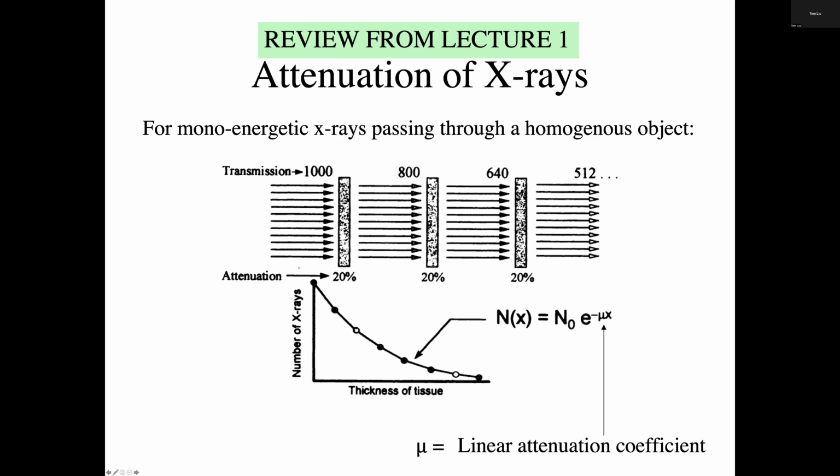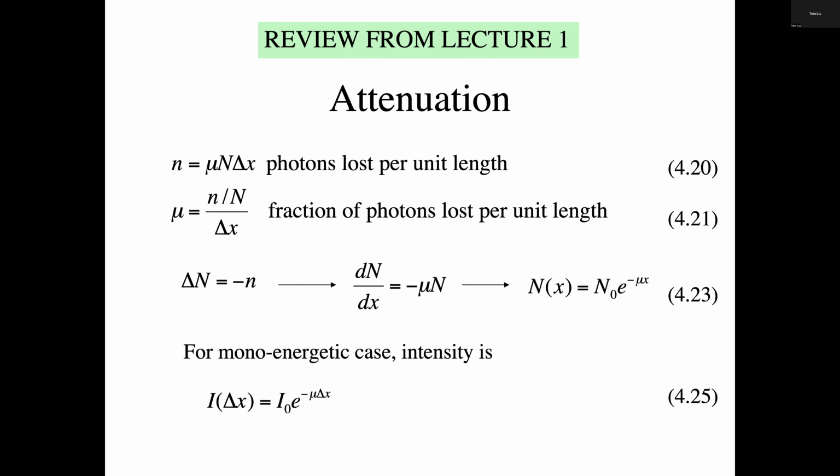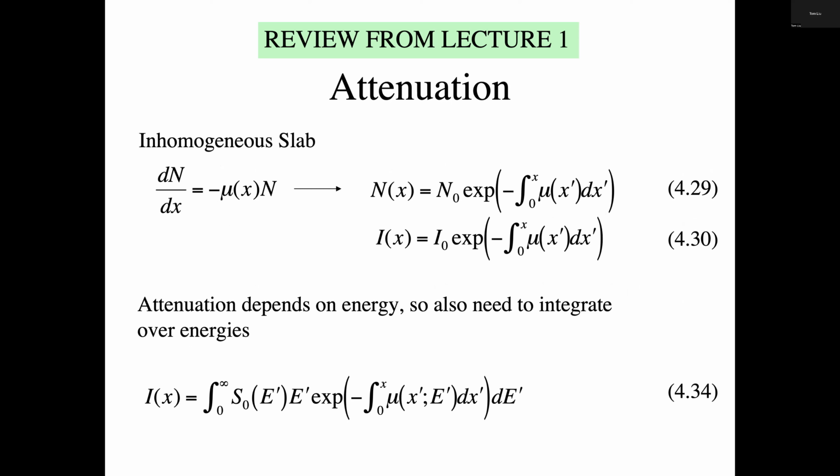We looked at an example where we became comfortable with the fact that this is a simple mono-exponential decay with this linear attenuation coefficient. If you want to go back and look in the book, they have other ways of deriving that, or you can just say, I believe that it is a simple exponential decay.